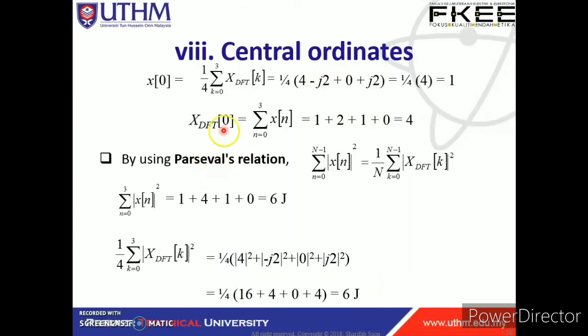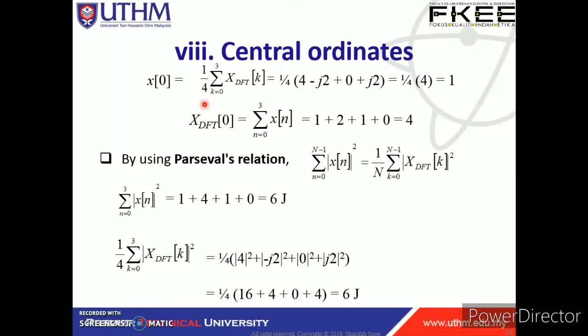Okay, next is the central ordinates. The central ordinates properties are in the table of properties. For example, we can calculate the value at n equals 0 and k equals 0, and also at the half, or the folding image of the signal, for the discrete signal and also the DFT.